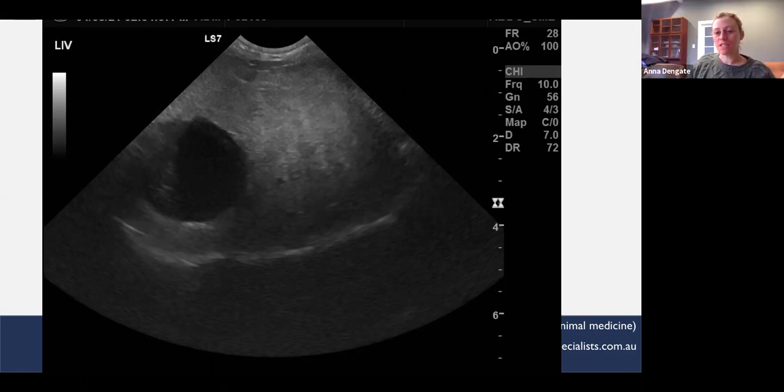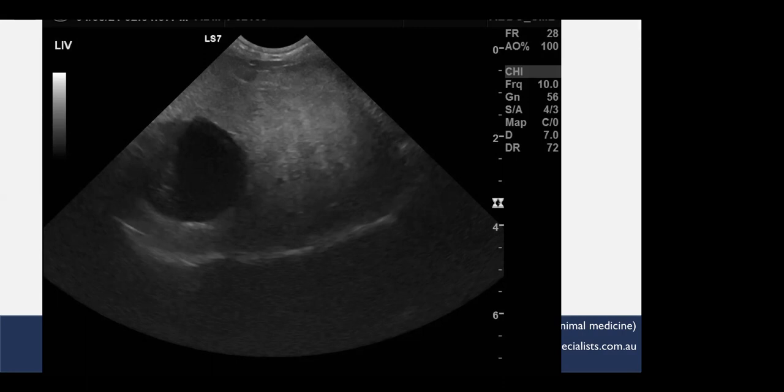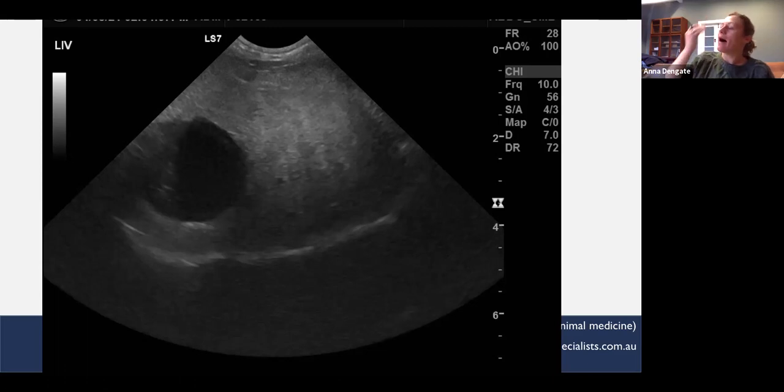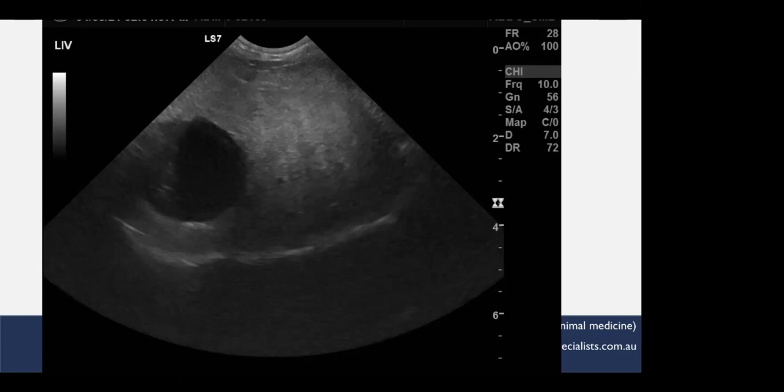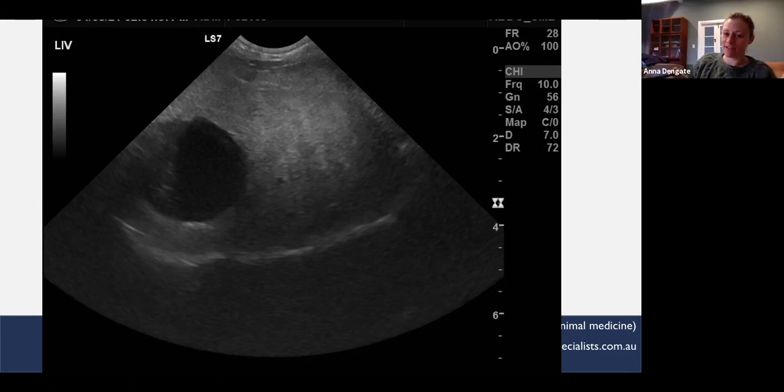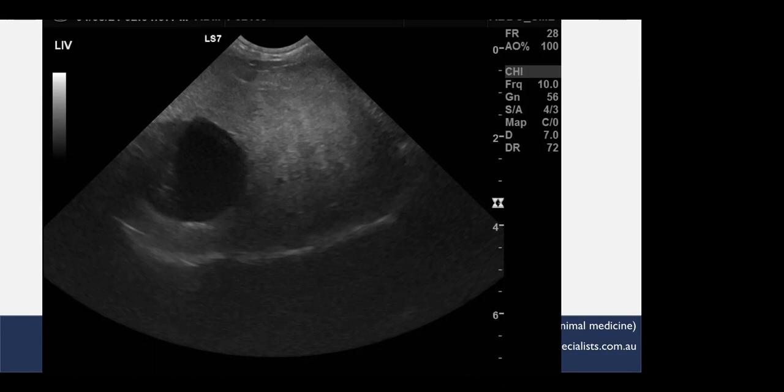Is your impression that sedation decreases the size or increases the size? Increases, maybe, because don't you get a bigger gallbladder if you've got ileus? Potentially, and I think a lot of the patients that we sedate have been fasted. Yeah. And that's what I'm getting at.